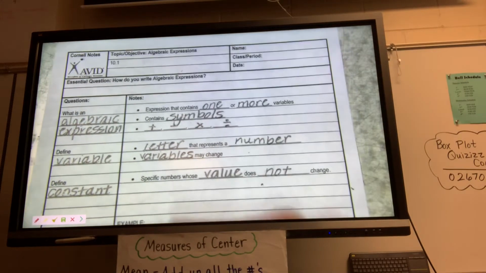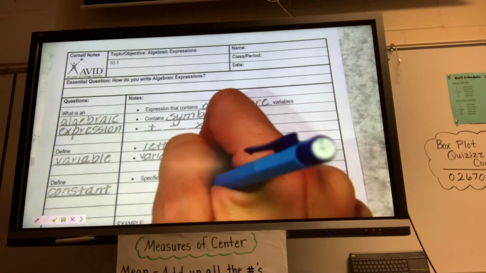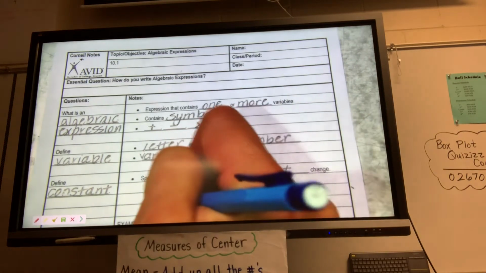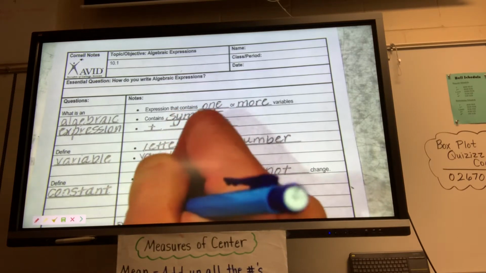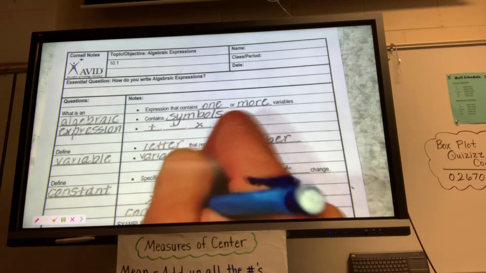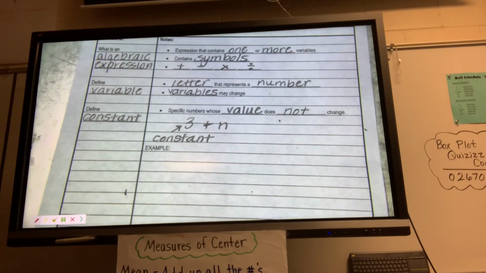So for example, if I had the expression 3 plus n, 3 is a constant. Because the value of 3 is 3. It doesn't change.